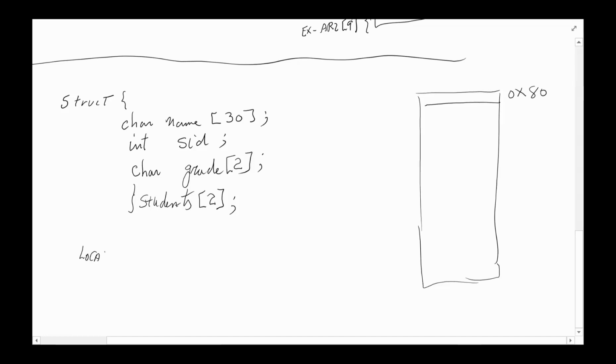the location of the structure students 2, this is 20, I will have 20 students here, students 2 dot grade 1.